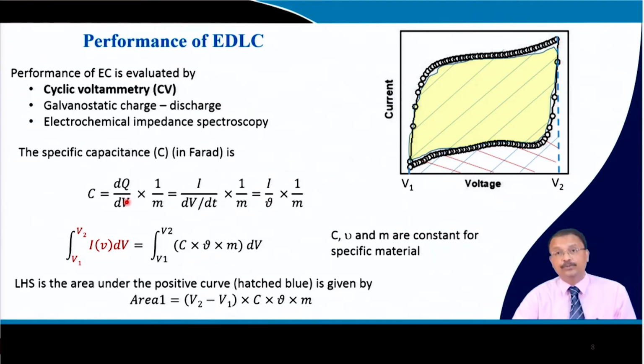So, you know Q, the charge stored, is C into V. So, I can write this equation for specific capacitance, that is dQ by dV divided by m. m is the active material weight.